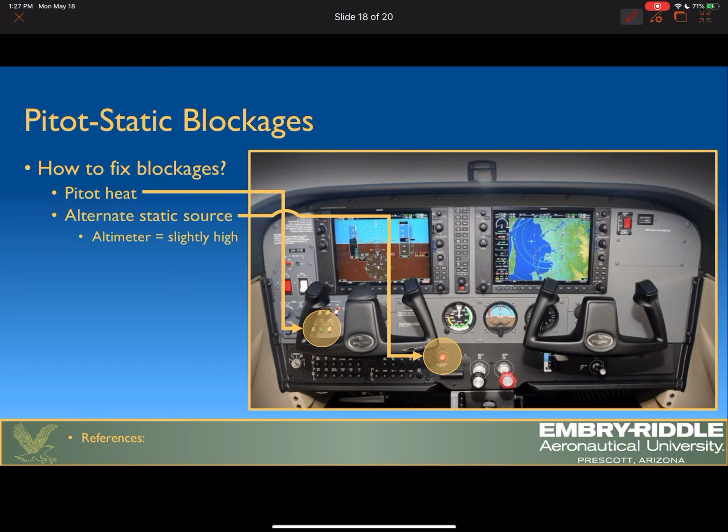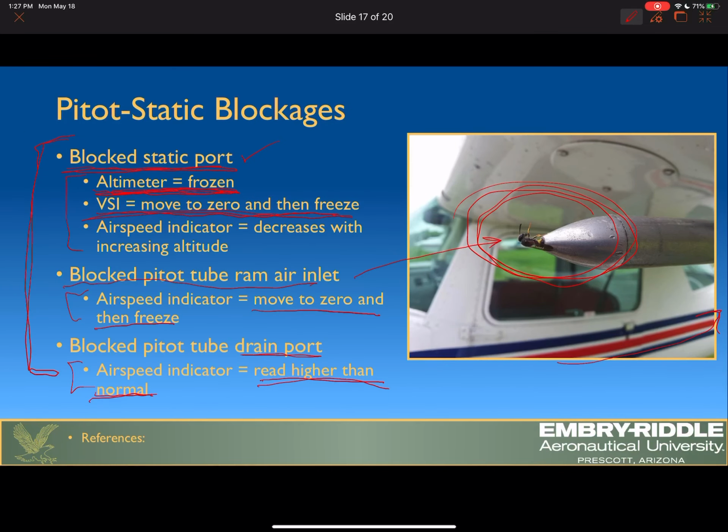There's two ways. They don't cover every scenario. For example, if this wasp is in our pitot tube, there's nothing we can really do about it, except hope he crawls out somehow. If we're in flight and that little guy's in there, then we're kind of hosed.